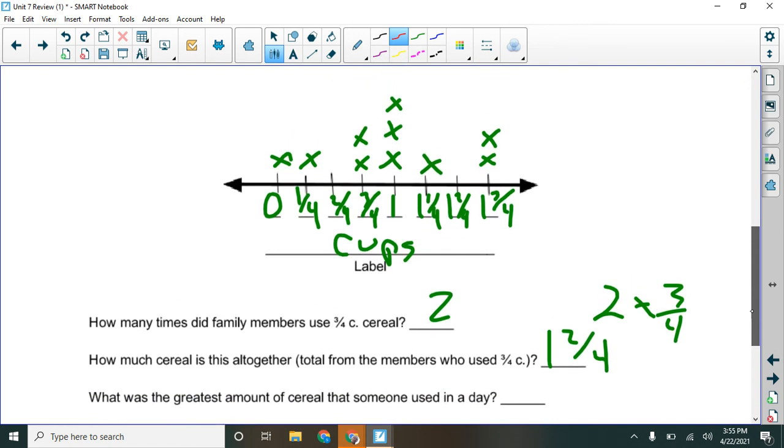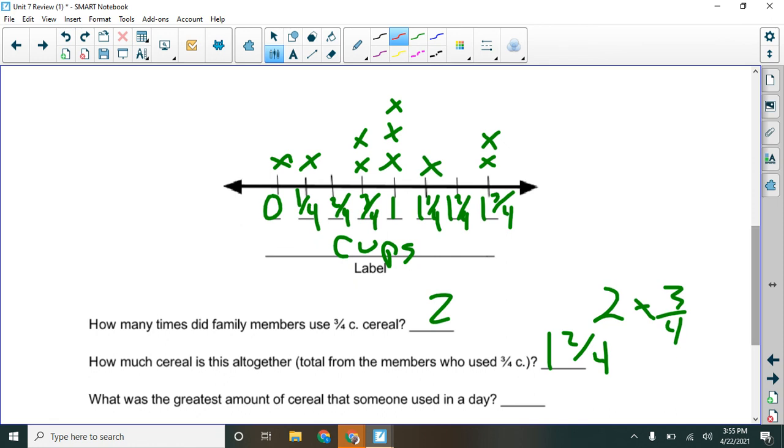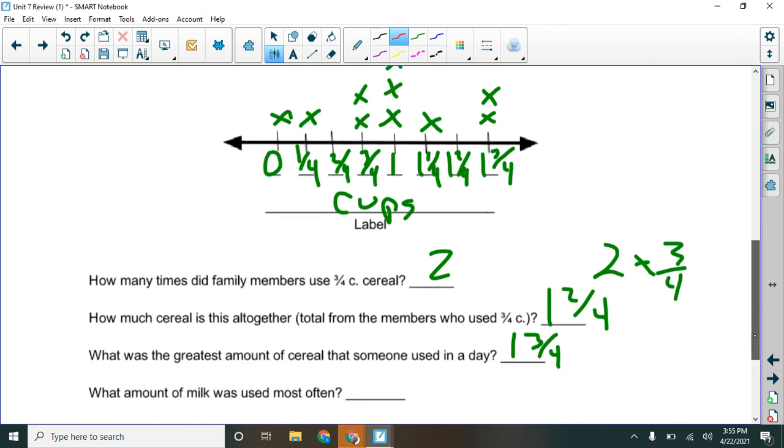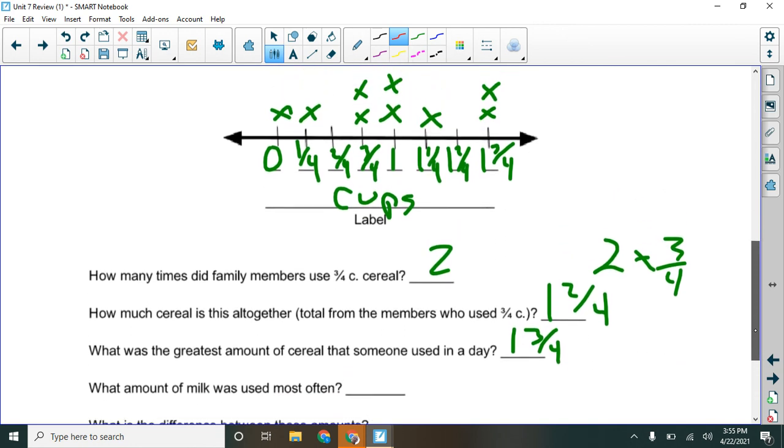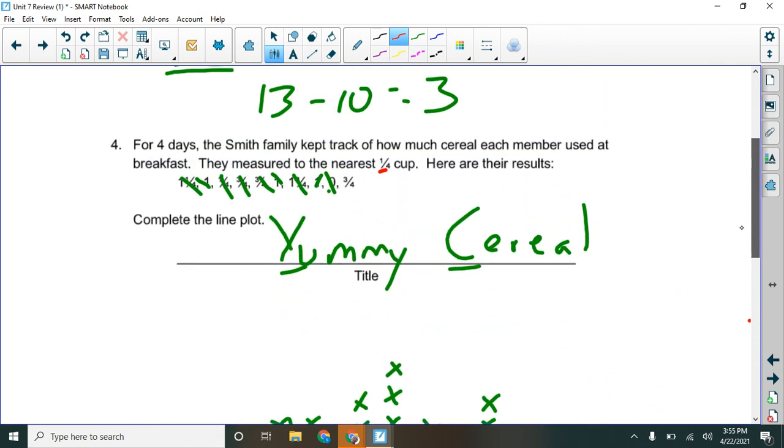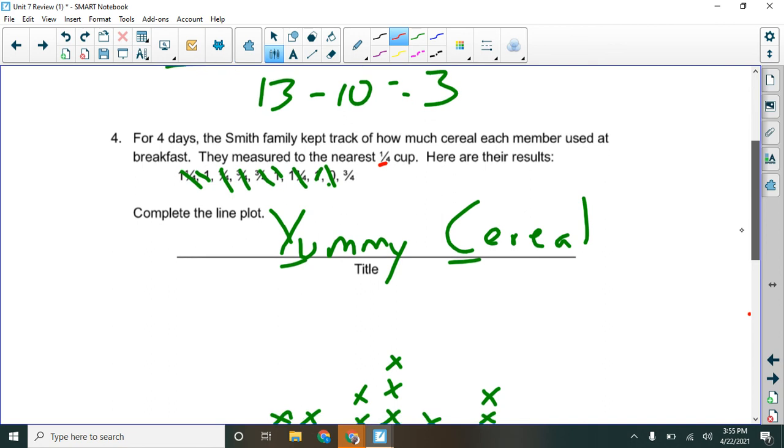What was the greatest amount of cereal that someone used in a day? Now, people want to say 1 here. People want to say greatest, oh, biggest one, but 1 cup of cereal, some people used more. These guys, right? 1 3/4. What amount of milk was used? Milk? Why does it say milk? I think they meant cereal.